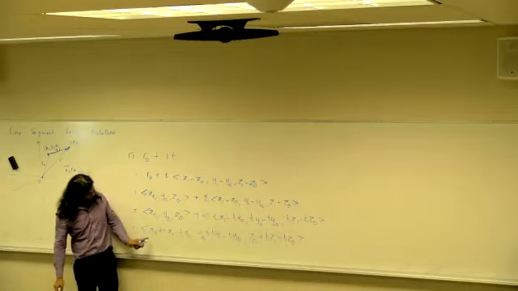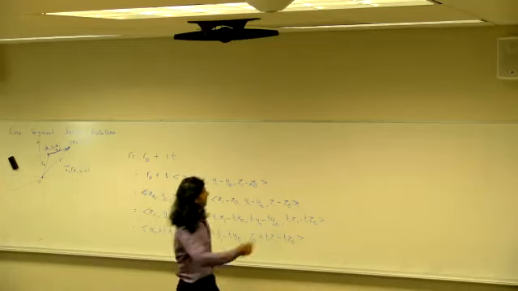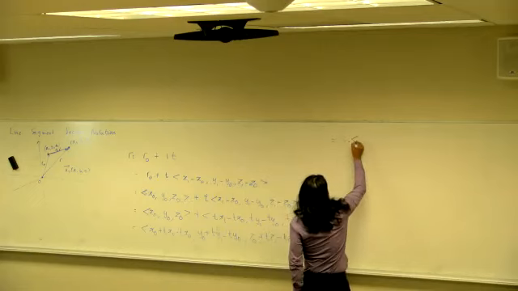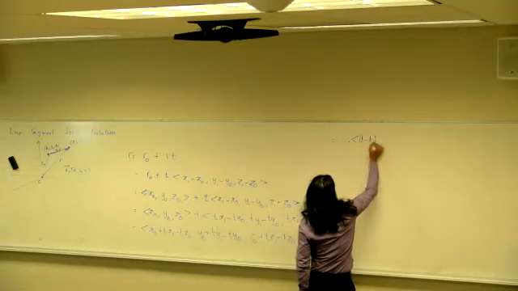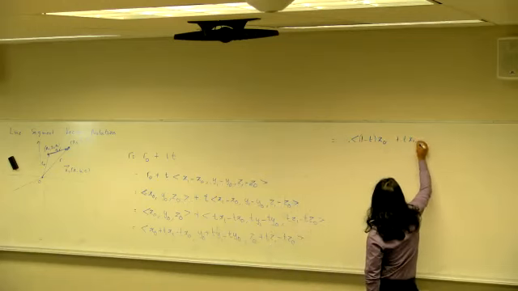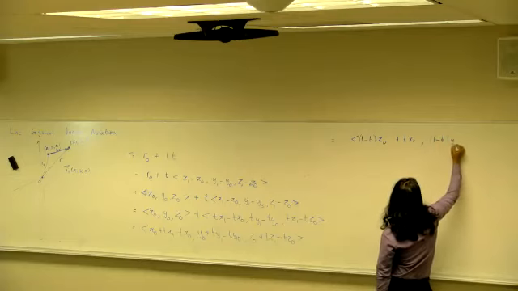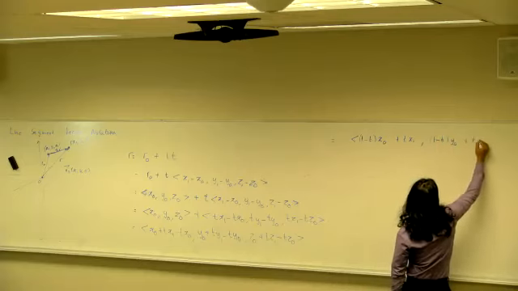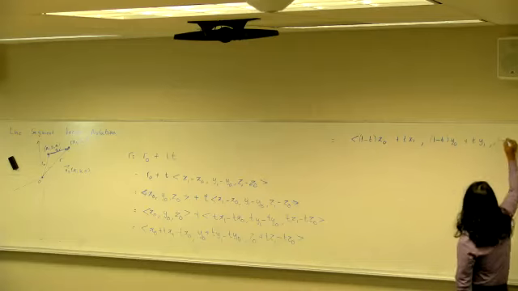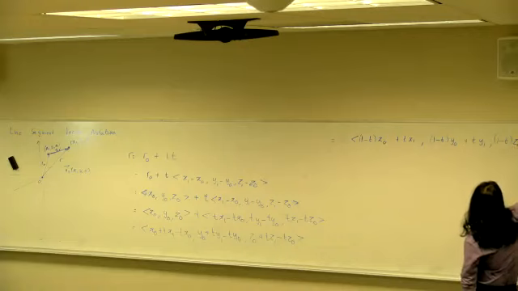Good. Combine X0, Y0. 1 minus T times X0 plus Tx1. 1 minus T Y0 plus Ty1. 1 minus T Z0 plus Tz1.